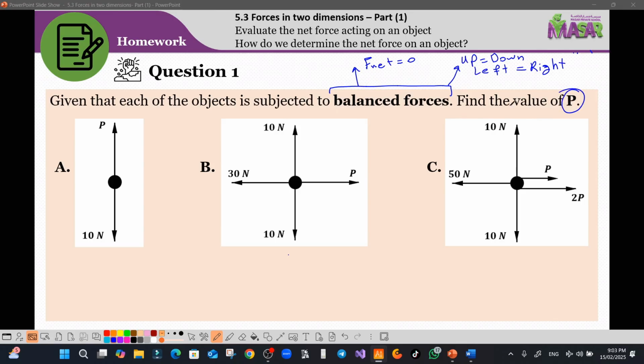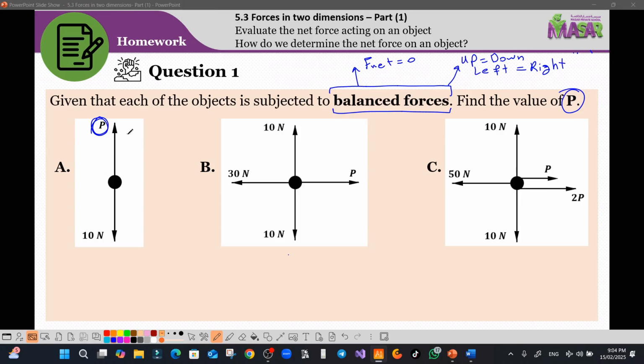We need to find for each of the following cases the value of P. We don't know the identity of P that makes each system have balanced forces. Now let's start with A. In A, we know that the forces must be balanced. However, I don't know the value of P here to make the assumption true.